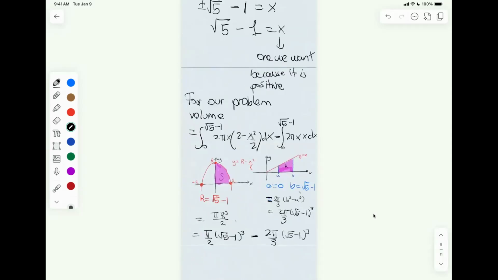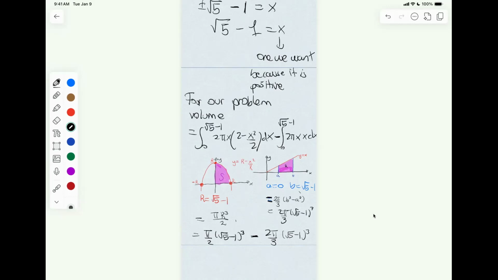This coefficient, pi over 2, is 0.5 times pi, right? But two thirds is like 0.66, right? The way I'm doing it, this would come out negative, because you're subtracting.